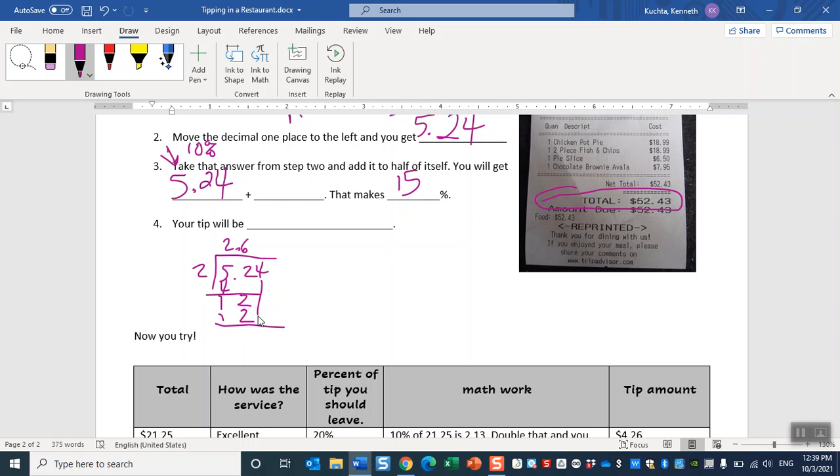Okay, carry down the 4. 2 goes into 4 2 times. 2 times 2 is 4. And we are left with 0. Okay, so 262 is what we add to this.